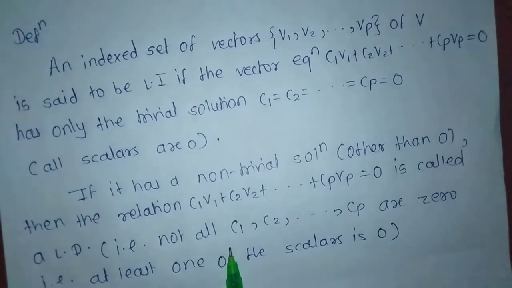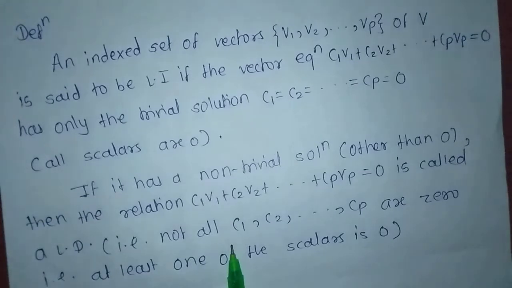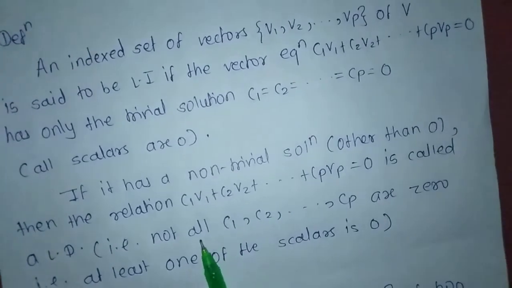This definition is now generalized to any vector space V. Here the vectors are not n-tuples, so in general we cannot study the system of homogeneous equations in the matrix form A x equal to 0. We have to study it from the definition itself of linear dependence.